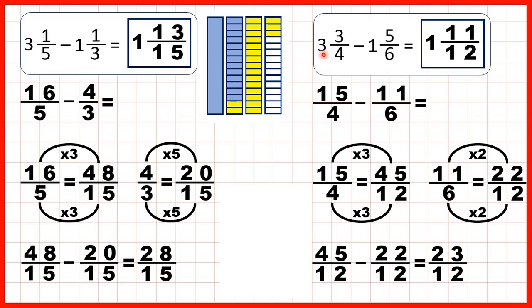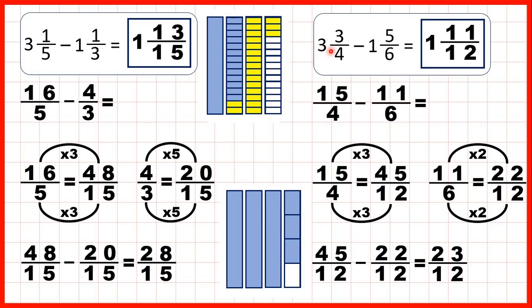Then, for this second question, we started with 3 and 3/4. We saw that that's 15/4 as an improper fraction, and 15/4 is equivalent to 45/12. Now, we were subtracting 1 and 5/6, so that's the same as 11/6, but 11/6 is equivalent, so the same as 22/12.